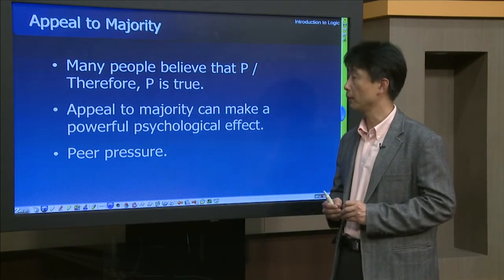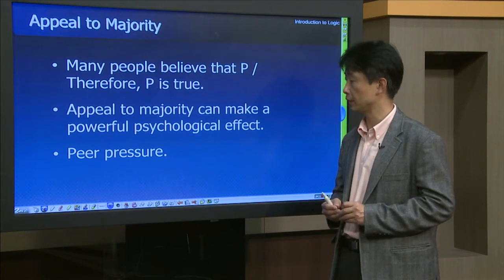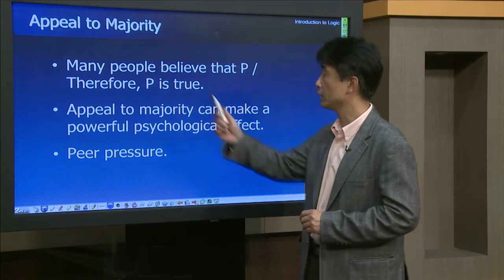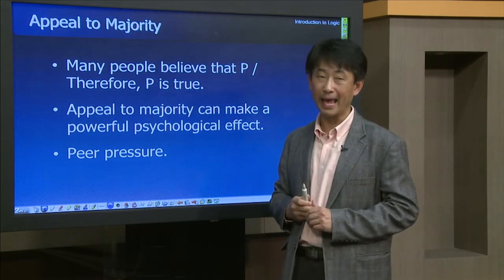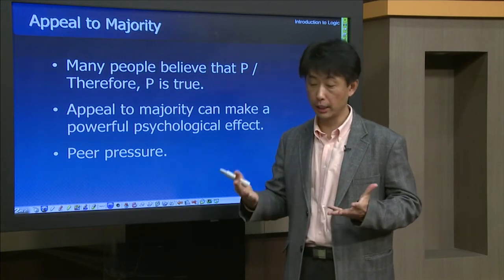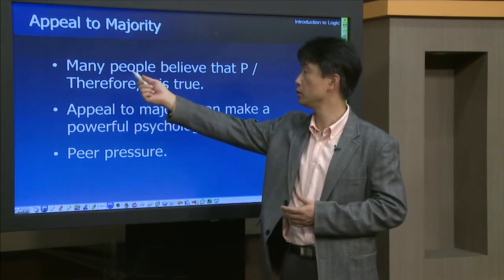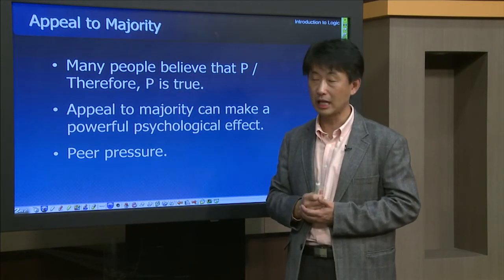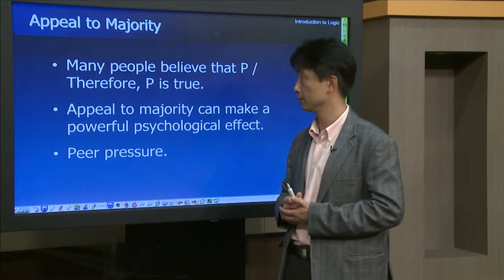Just because many people believe that P, it doesn't necessarily follow that P is true, okay? And whether this argument is good or bad depends on who these many people are, okay? And until we know who these people are, an argument of this form is not valid. Okay?